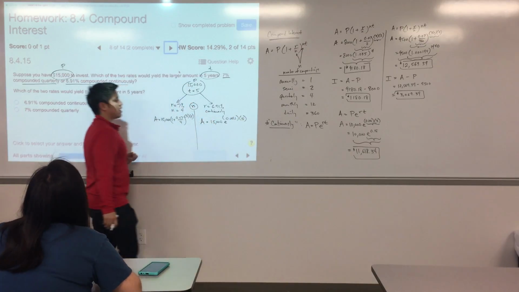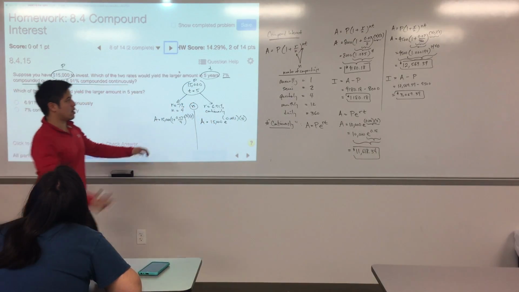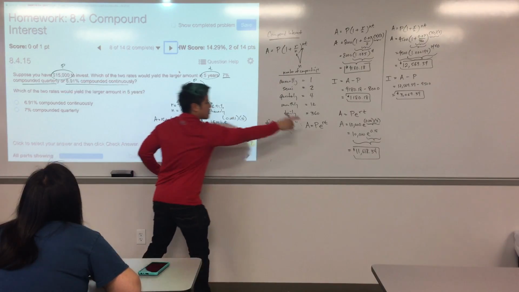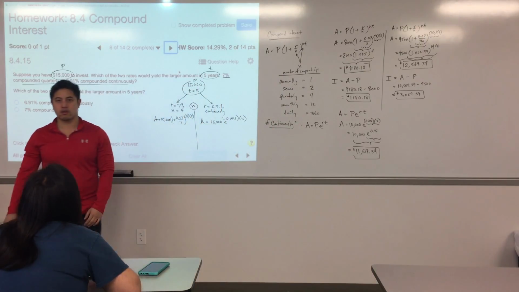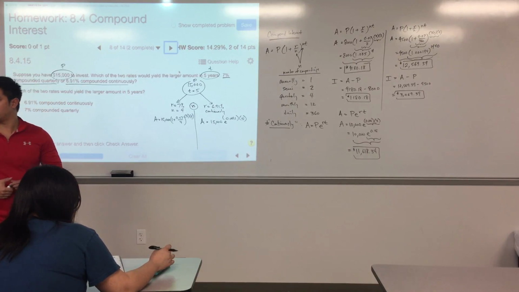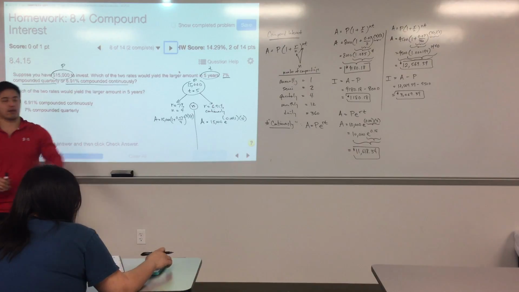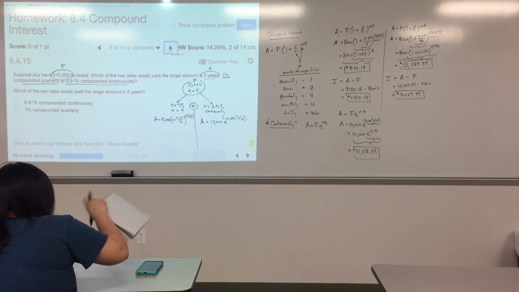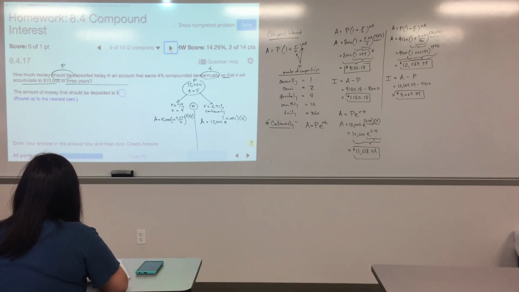That's how you would do it. You would use the method up there to solve this, and the method down here to solve this. Everybody got that? Any questions? I don't want to do it because you have several examples to do. At the end, whichever one has the higher future value is your answer.